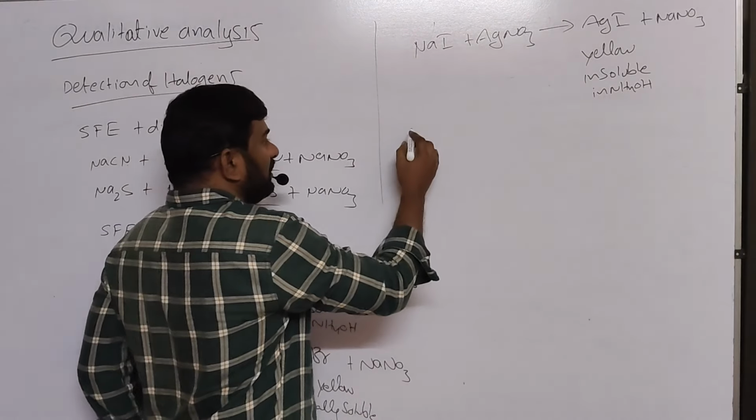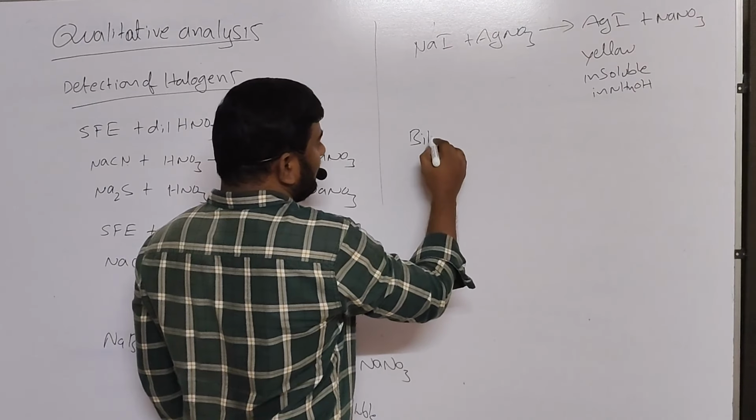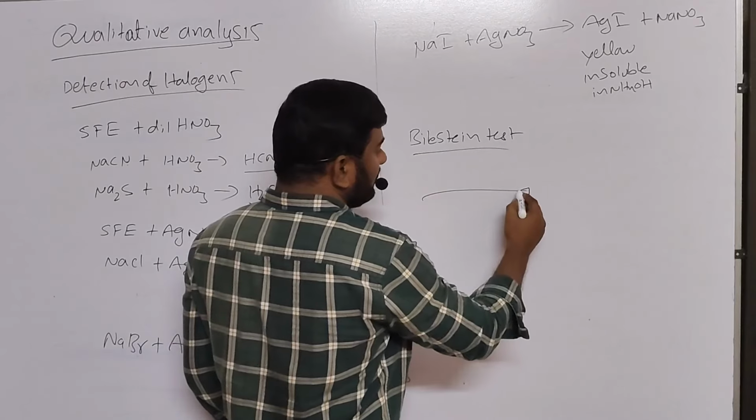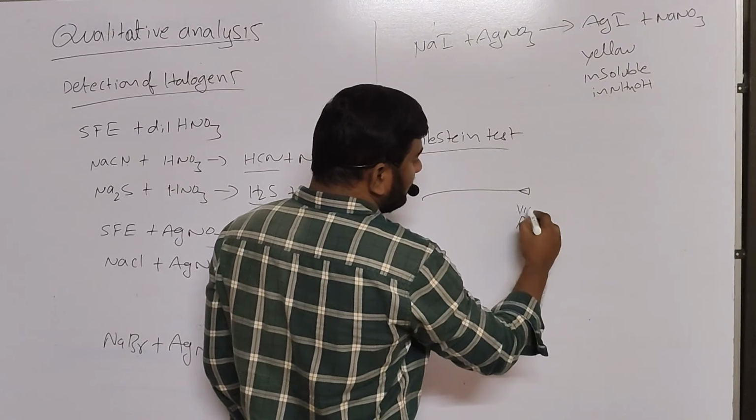For halogens, one more test is there, the Beilstein test. In this test, we have to take a copper wire. One end you have to flatten. Later, you put it in the flame.